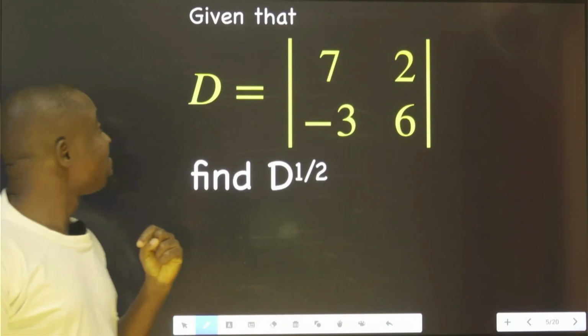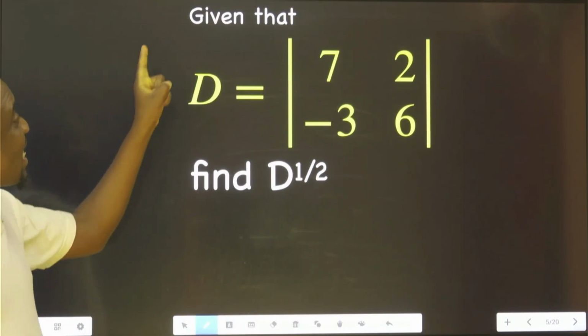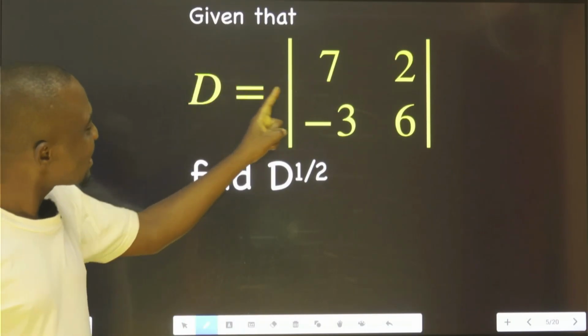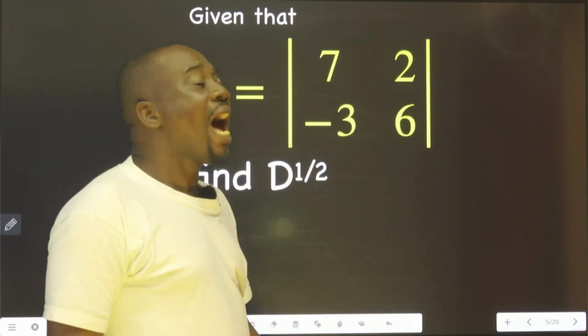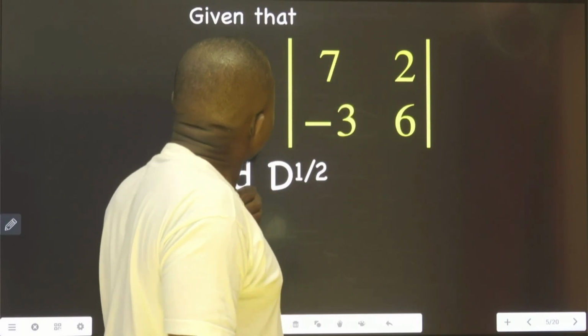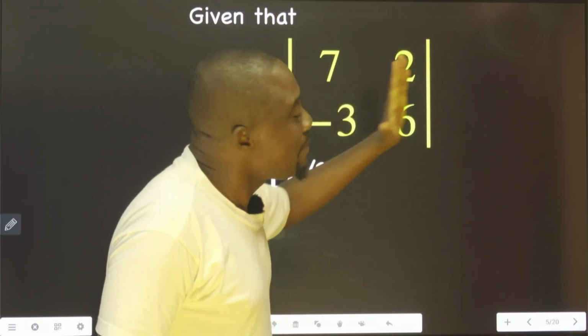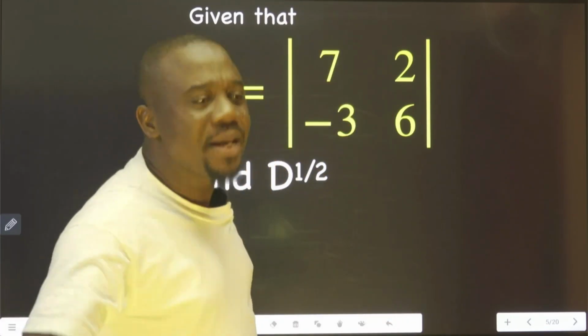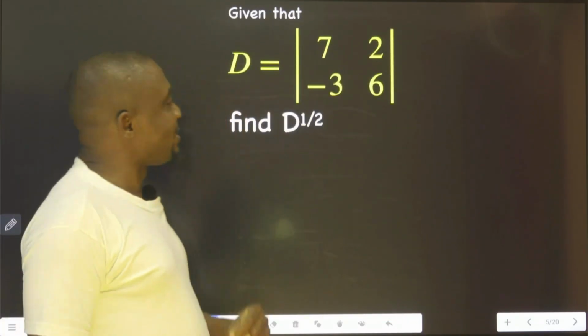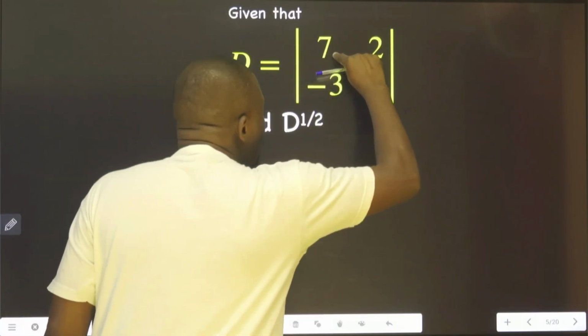Let's look at this. As you can see, given that D is equal to this, find D raised to power 1 over 2. D is referring to the determinant of a matrix. Simple.